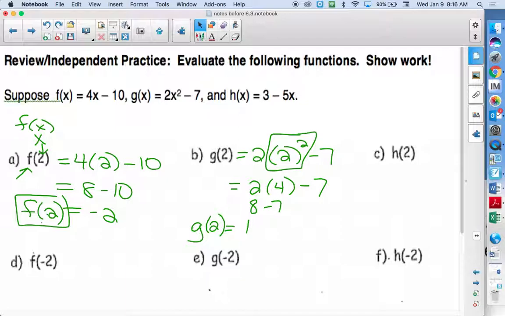So there are 12 graphs and then 2 little word problems. And then I'd like you to finish up those evaluating problems.